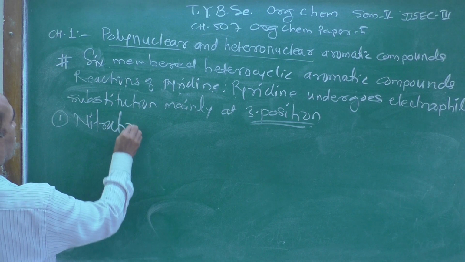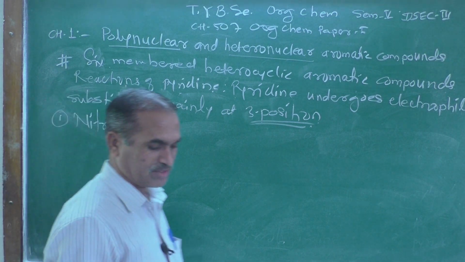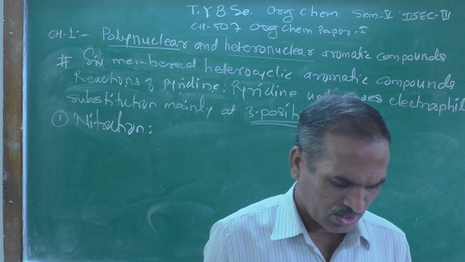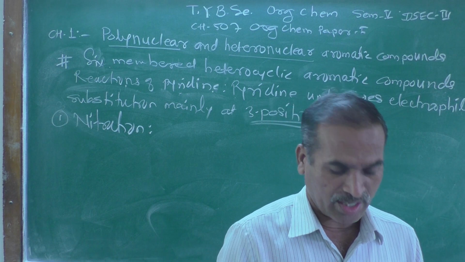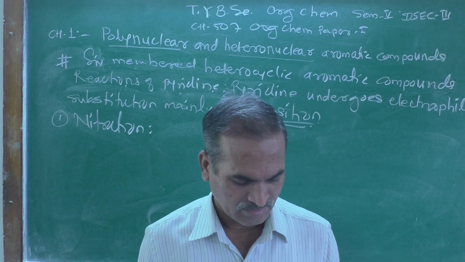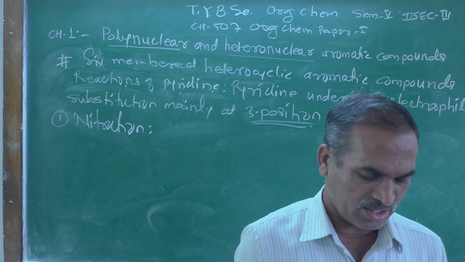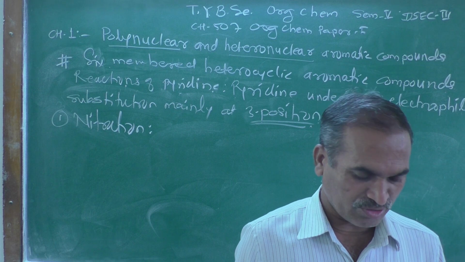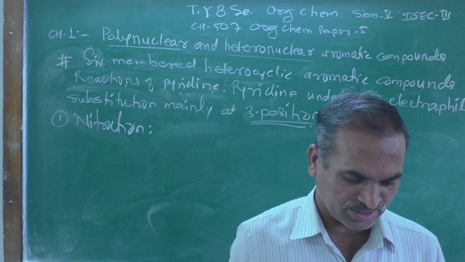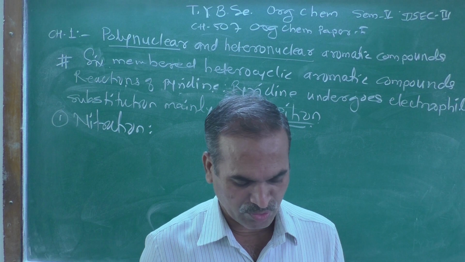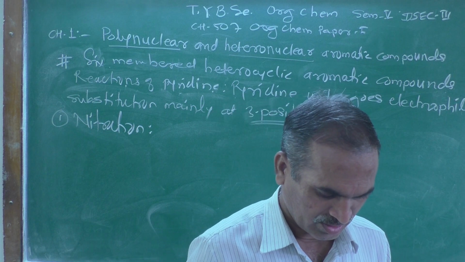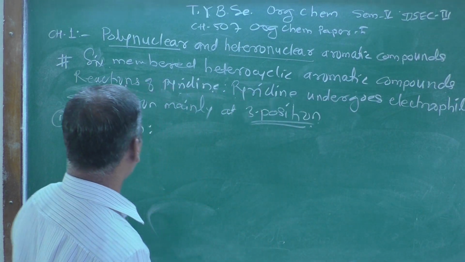In a nitration reaction, how can one get the product? Pyridine on heating with KNO3 in presence of H2SO4 at 300 degrees centigrade gives 3-nitropyridine. So that is one of the simplest reactions.